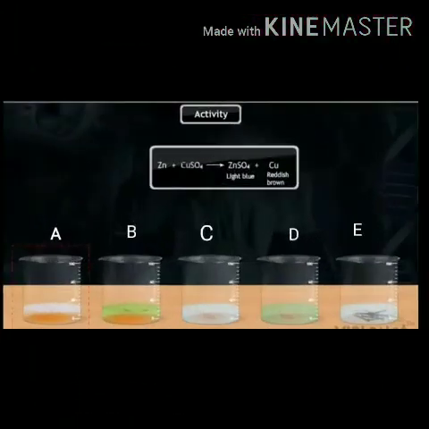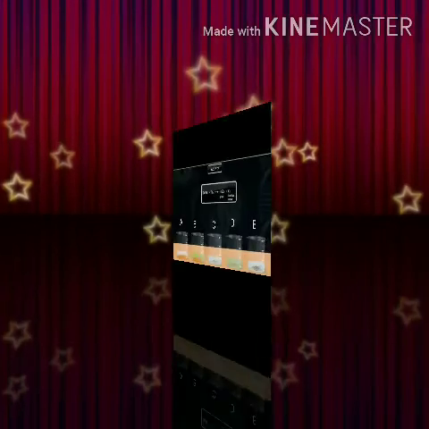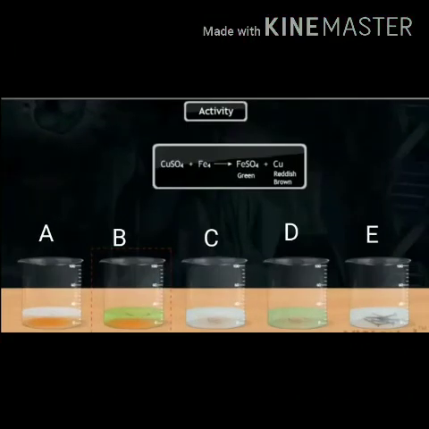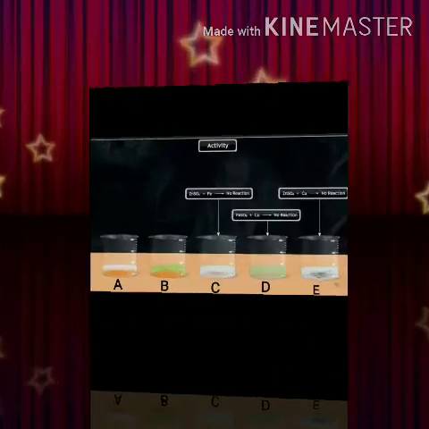In beaker A, zinc is more reactive than copper, and so it replaces copper from its salt solution and forms zinc sulfate, and a reddish brown deposit of copper is there. Similarly, in beaker B, iron is more reactive than copper, and so it forms iron sulfate solution by replacing copper from copper sulfate solution, and a reddish brown deposit of copper forms.